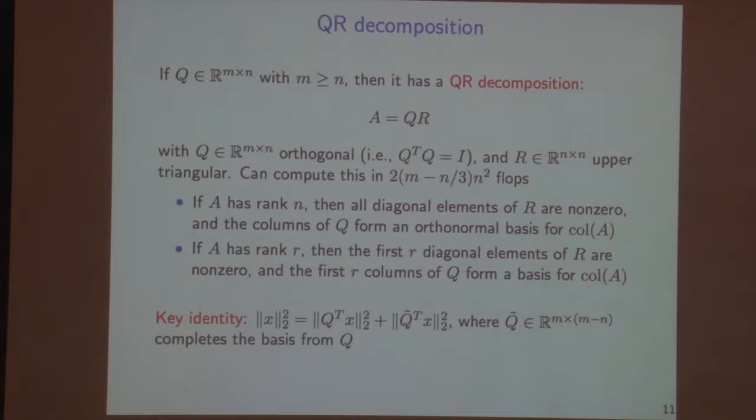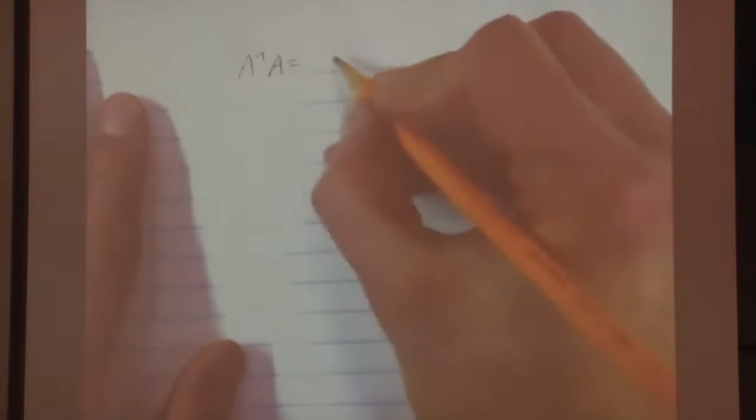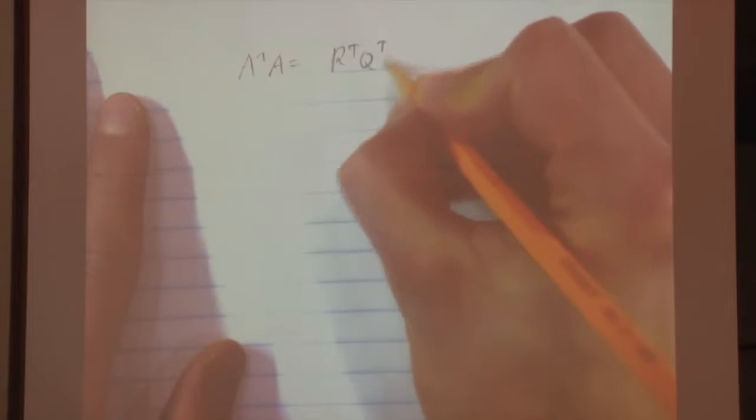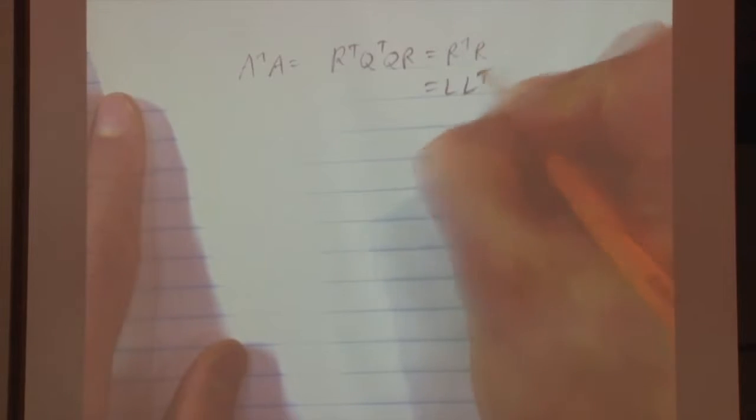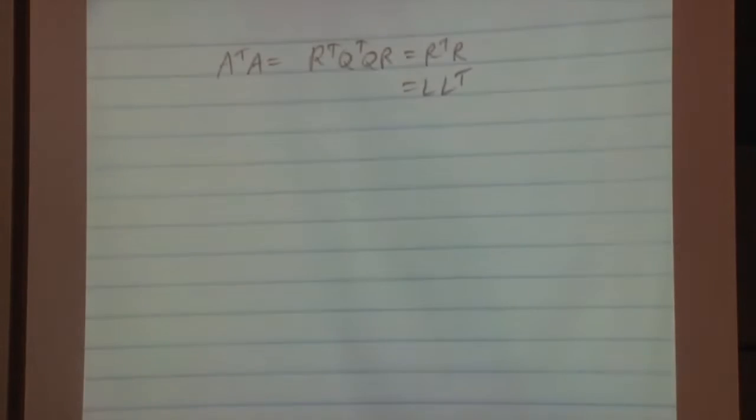Once you had this, by the way, what would A transpose A look like if Q had orthogonal columns? If A was Q times R, A transpose A would be R transpose times Q transpose Q times R, which is just R transpose times R, which is L transpose L if I just rename that.